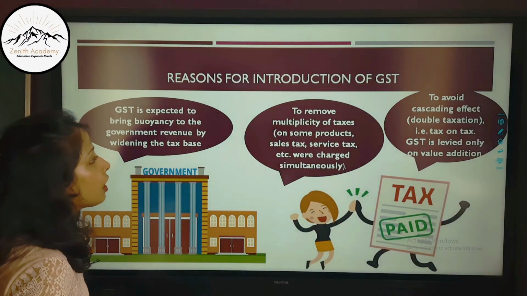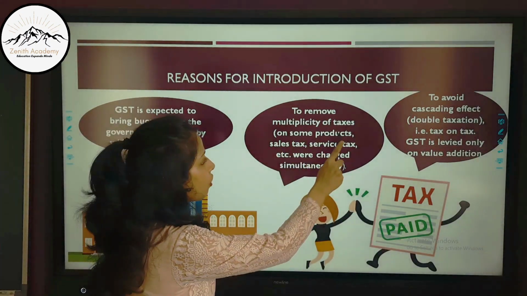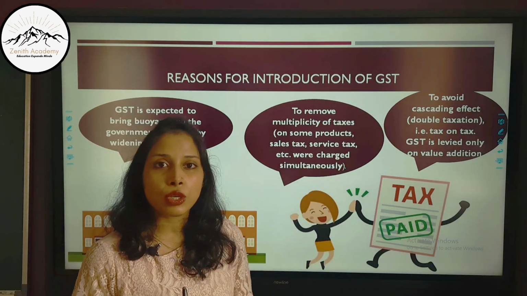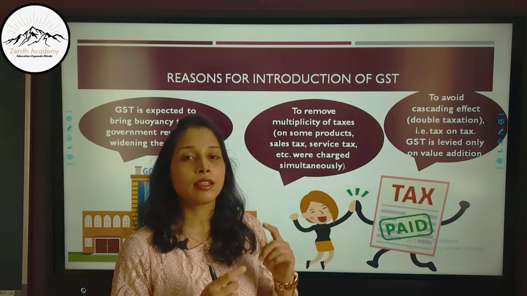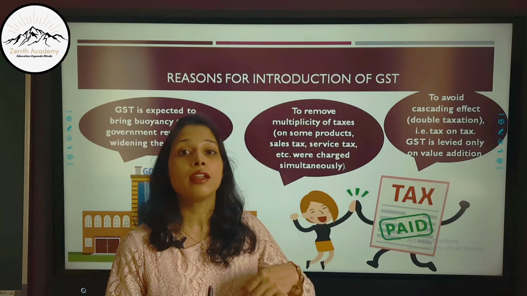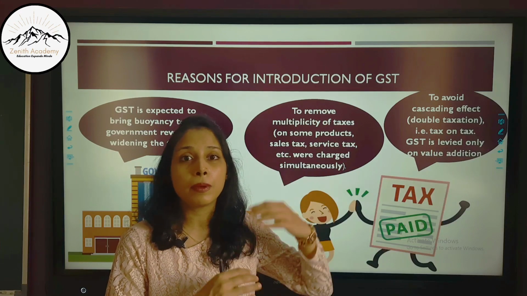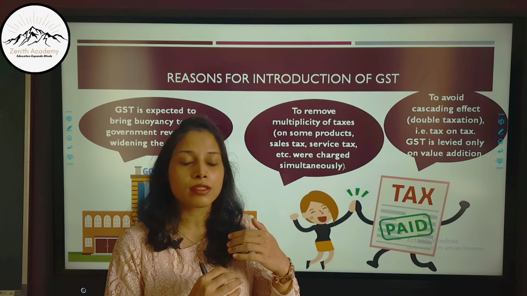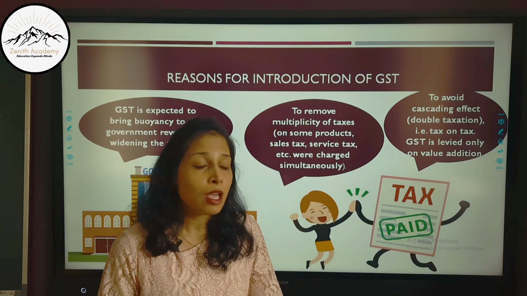Also, to remove multiplicity of taxes on some products. Before introduction of GST, on some products, sales tax was also levied, service tax was also levied, and so there were multiple taxes on one single product, and hence it was creating a lot of complexities.